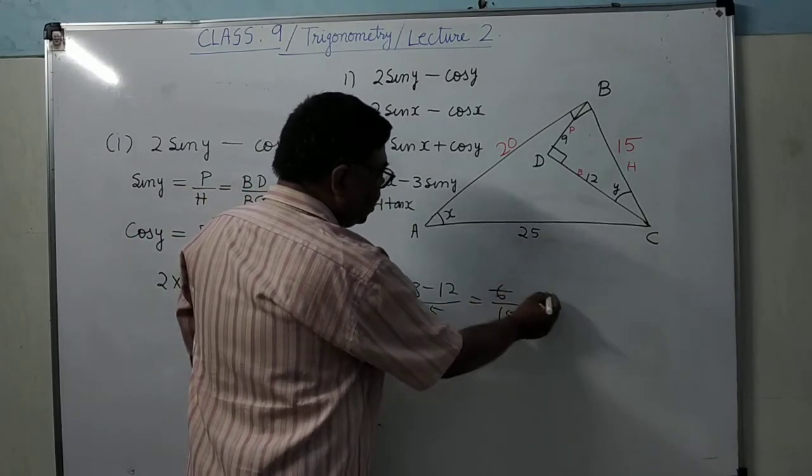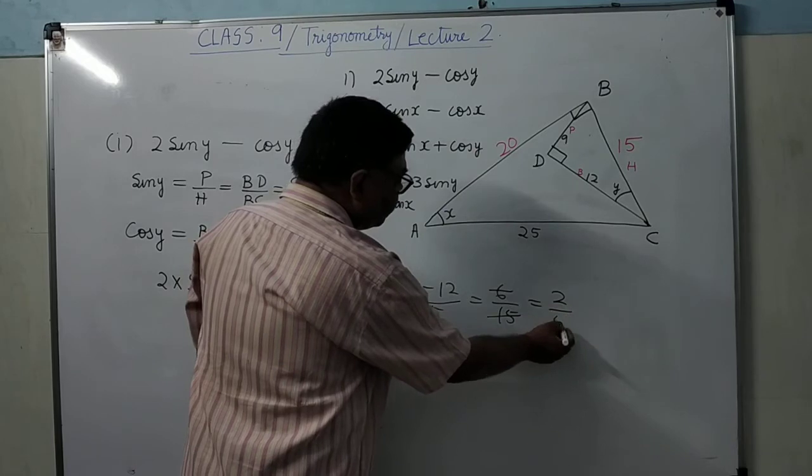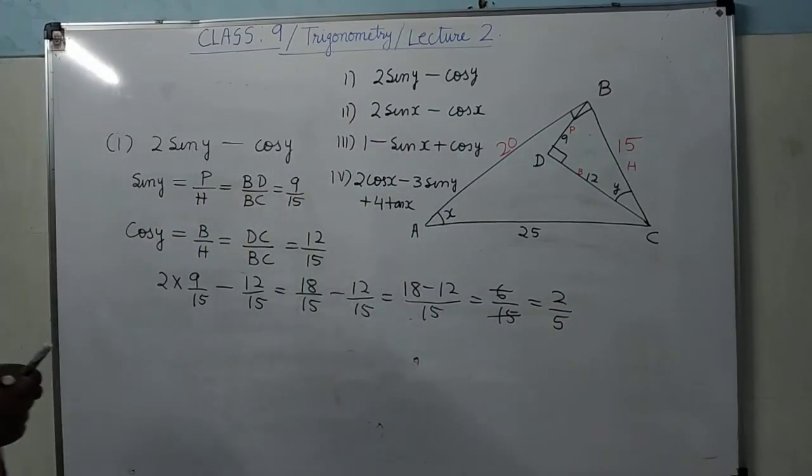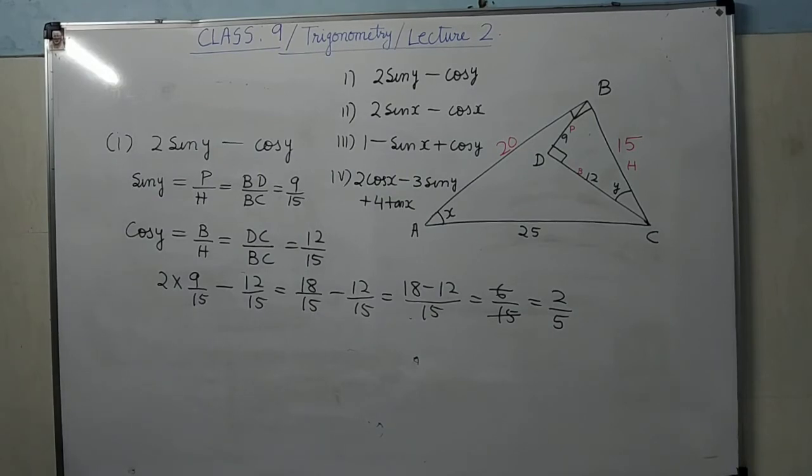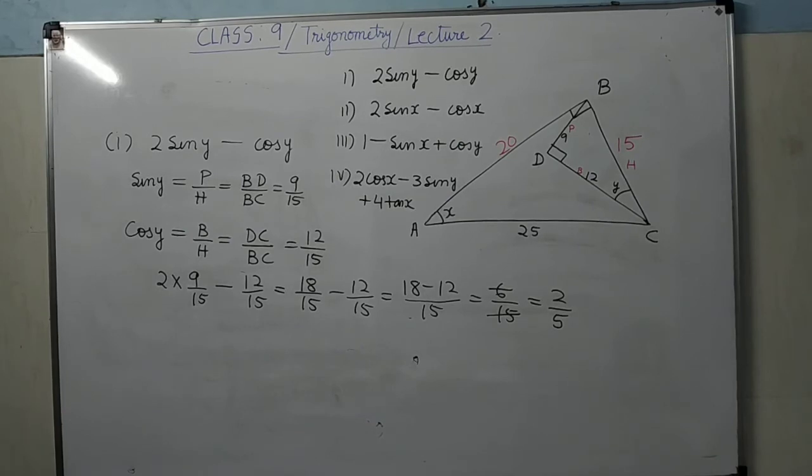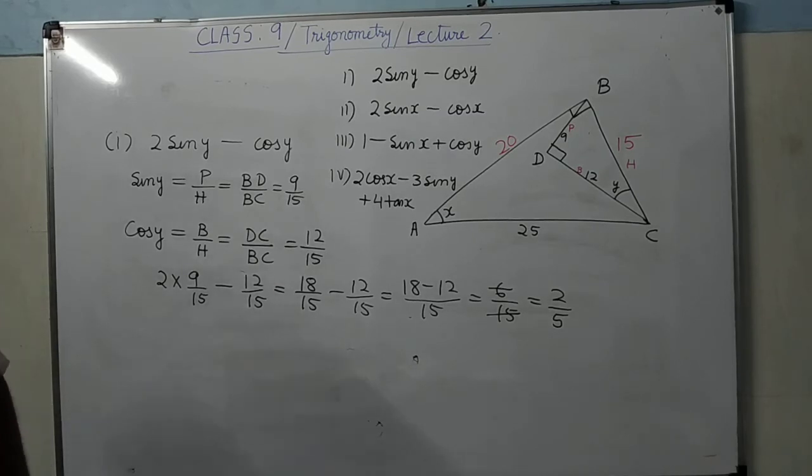So 3 twos are 6 and 3 fives are 15, 2 upon 5. You have determined this. You can see here it is 2 upon 5. Have you seen? Now all of you see the second part.